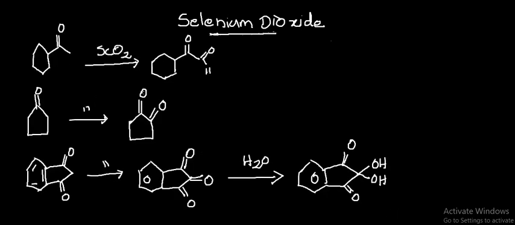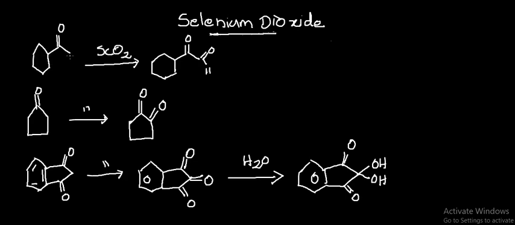What are examples of selenium dioxide oxidation? Here the alpha position gets oxidized. This is the alpha position. CH3 gets oxidized into CHO, and this is also an alpha position, but it has only one hydrogen.